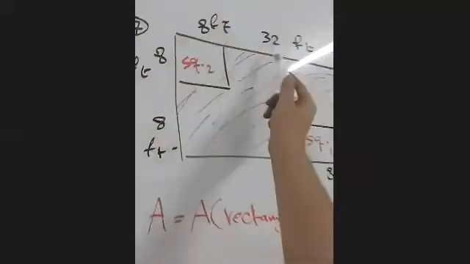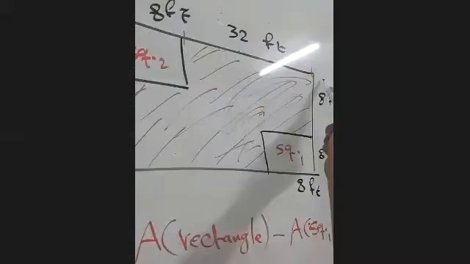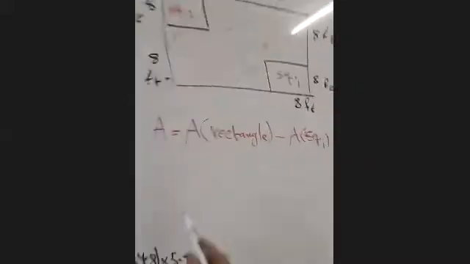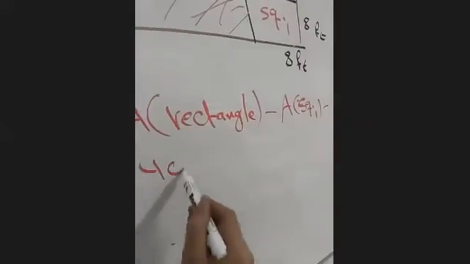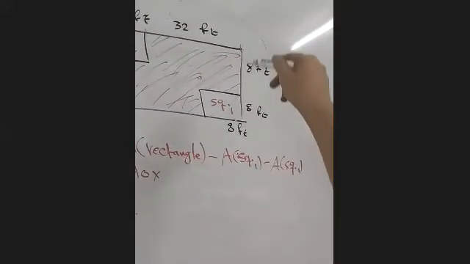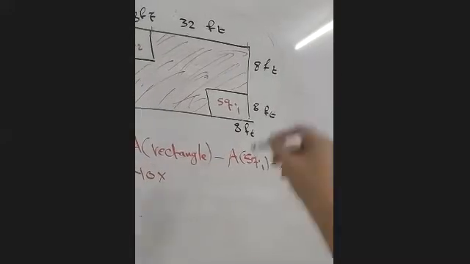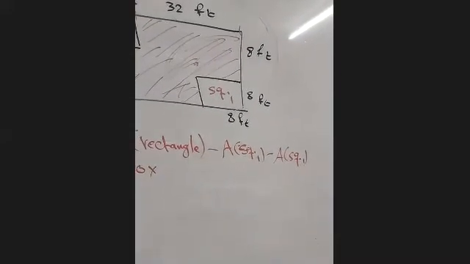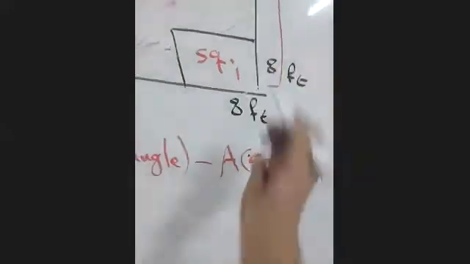It is 32 and the 8 together because I'm calculating the whole rectangle now, okay? So it's 40 multiplied by the width of the whole rectangle. What's the width? 16.